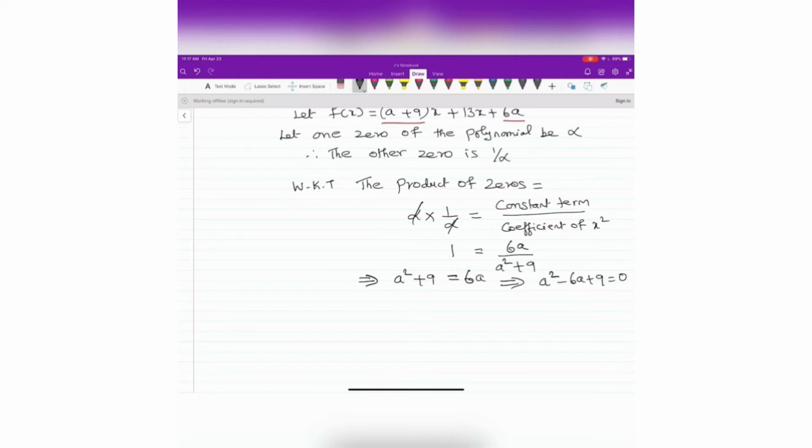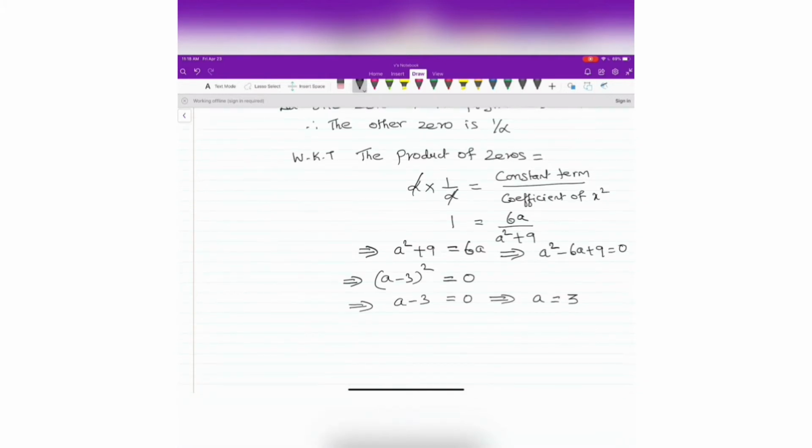Straight away you can write it that way, or if you want to split the middle term also, you can do it. So I can write here straight away, this is a minus 3 the whole square equal to 0, which implies a minus 3 equal to 0, that is a is equal to 3.